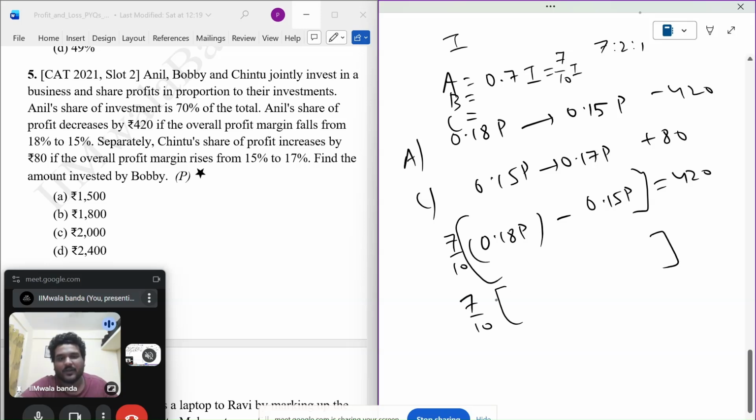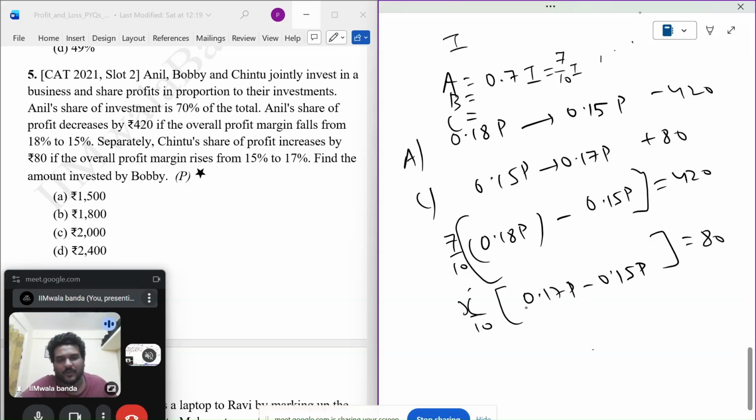Again, 7 upon 10 parts, not 7 upon 10 parts, but something. Let's say X. Let's say C's share, I've assumed it to be 2 and 1, but it's not right. So let it be X. In this case, we assumed it to be 1. X upon 10 into 0.77p minus 0.15p, because we're talking about absolute differences here, so we need not worry about negative or positive.